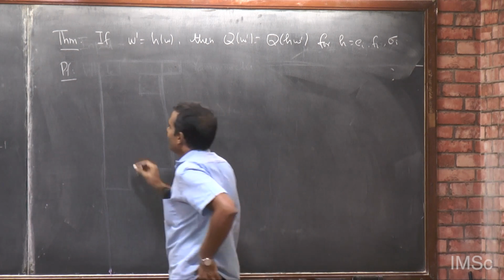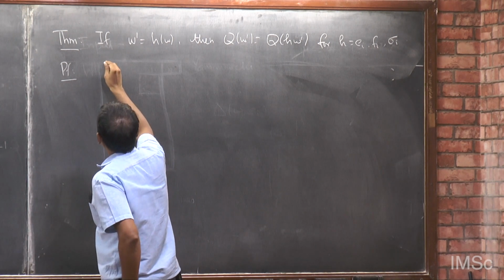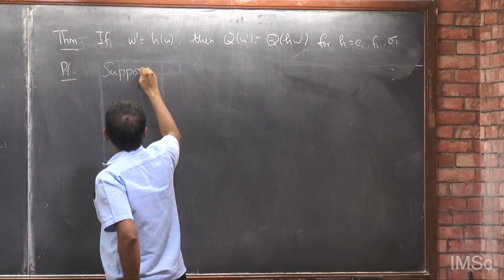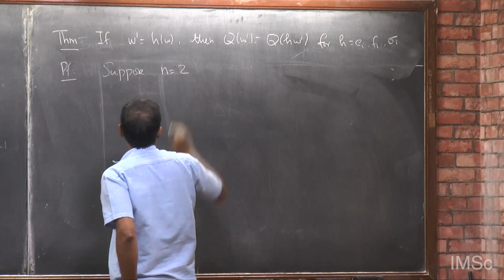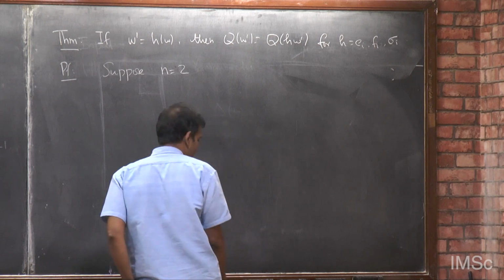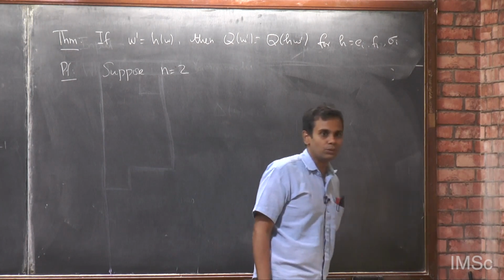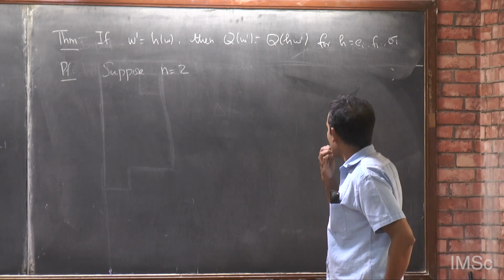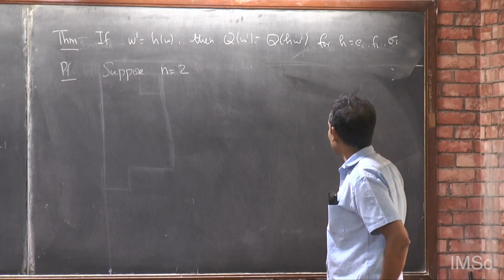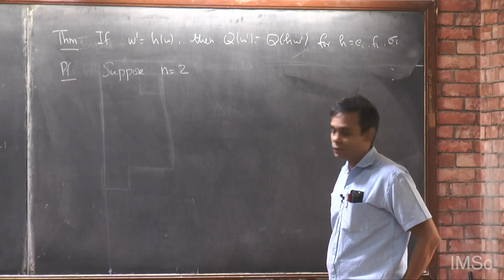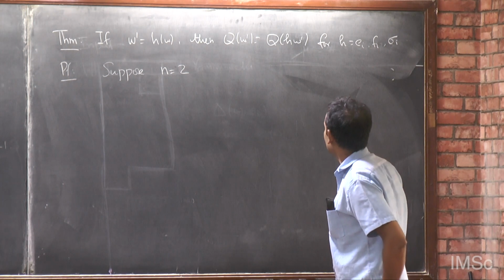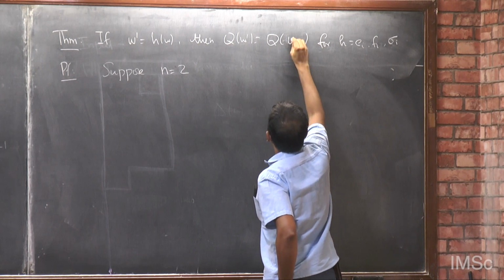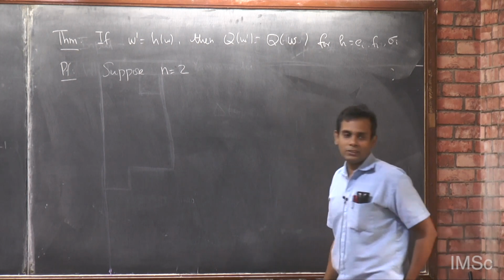So let us take, for simplicity, the case where n equals 2. Then we are taking this word which has a bunch of 1s and a bunch of 2s, and we want to know whether Q of W is the same as Q of HW.